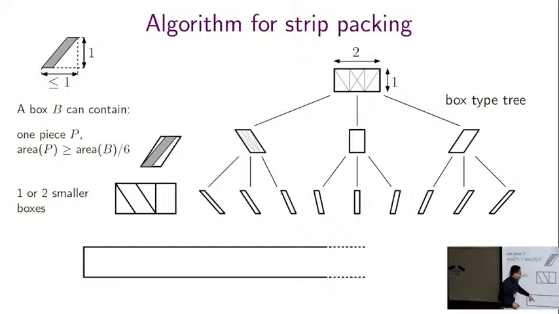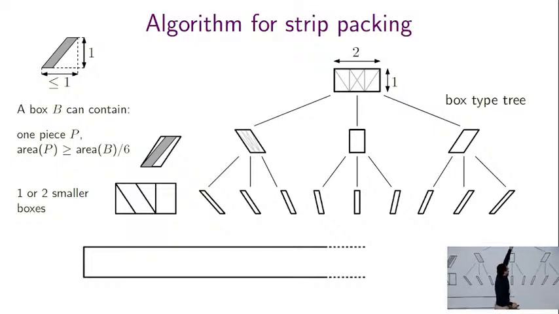So we allocate boxes in the strip, and each box can contain either a piece, and if it does contain a piece, then the area of the piece should be proportional to the box. So that means that the box is well filled with the piece. The box can also contain 1 or 2 smaller boxes. So for instance, here we have a box of this basic type, and it contains 1 of this and 1 of this.